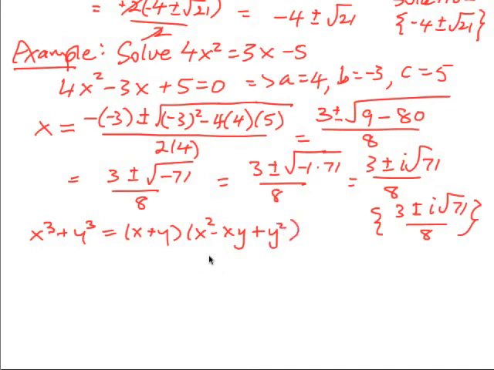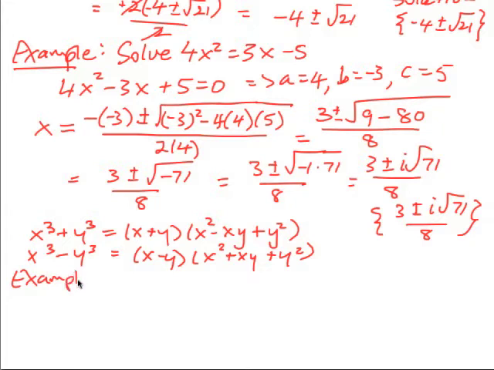We learnt that earlier in the review. Or we could have x cubed minus y cubed, which could be written as x take y by x squared plus xy plus y squared. And if you distribute these out, that's what you should get. So we can sometimes do that to find an answer to a cubic.